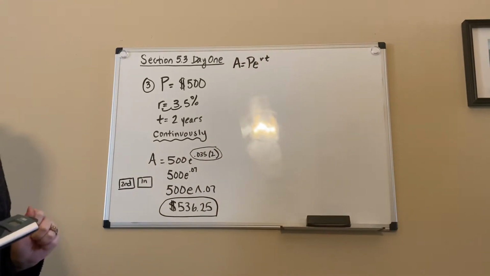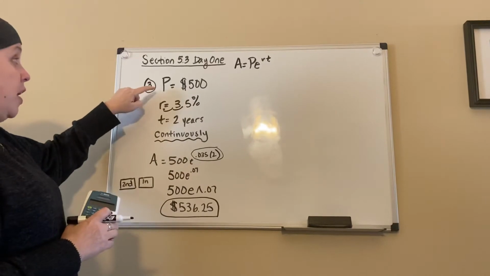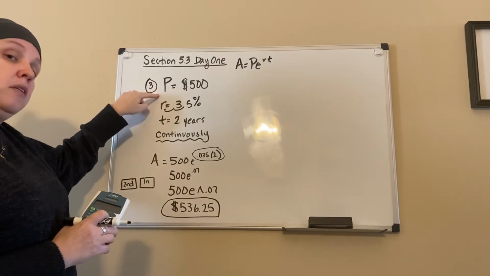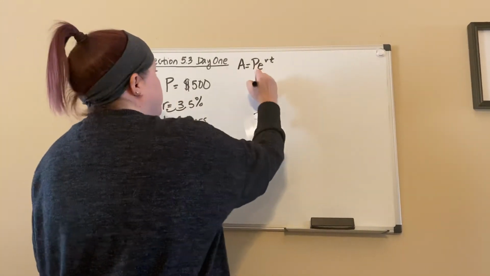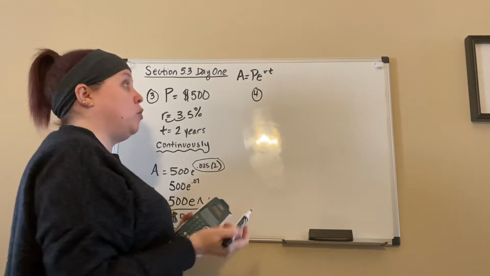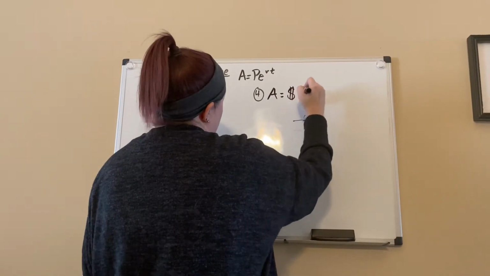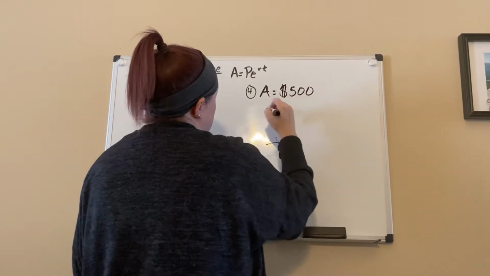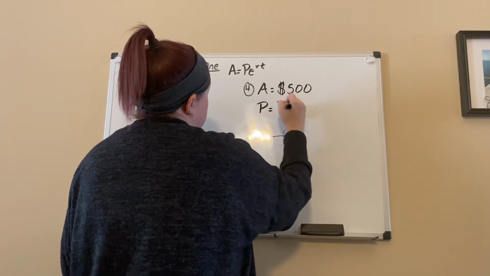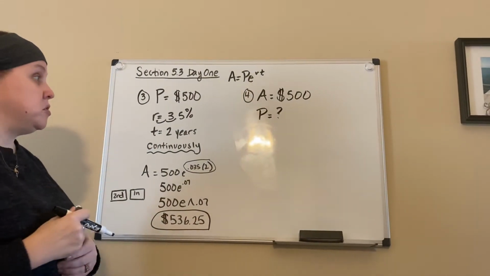One last problem. The last problem is the same formula, but instead of solving for A, we're going to solve for P. So they're going to say, how much money should you deposit in order to get, let's say, a total of $500 after a certain number of years? So we don't know what the principal is because we want to end up with $500 after so many years.